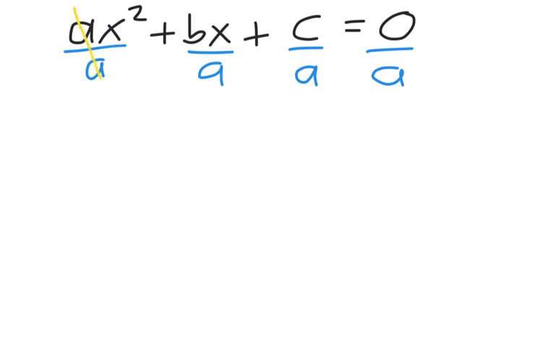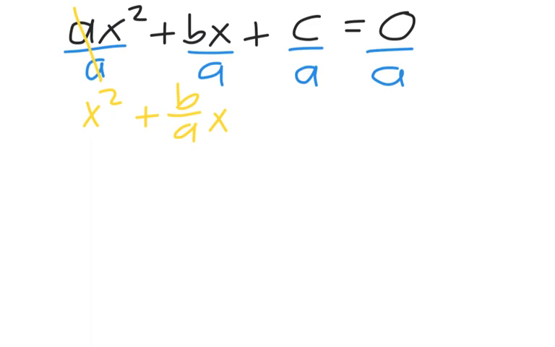Well, A divided by A cancels. So I'm left with x squared. This part here, we're going to write this as B divided by A times x. It's the same thing. This is just the coefficient, B over A. Right?